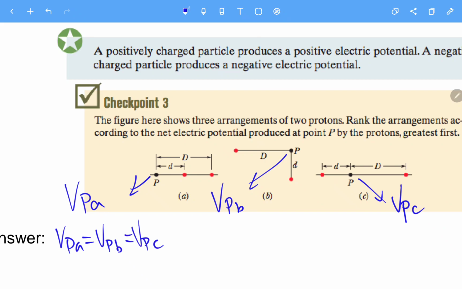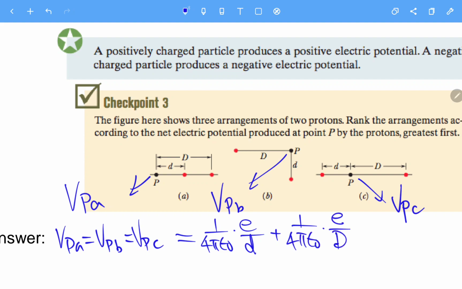They are actually the same because V is 1 over 4 pi epsilon naught, times the proton term, E over D, plus 1 over 4 pi epsilon naught, times E over capital D. So all three cases are the same.